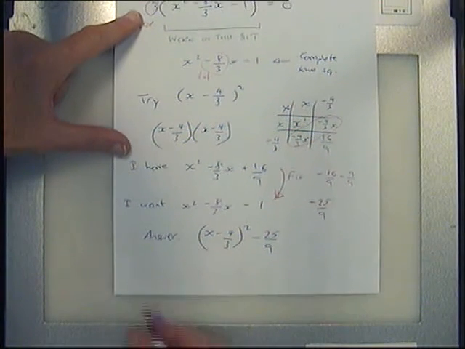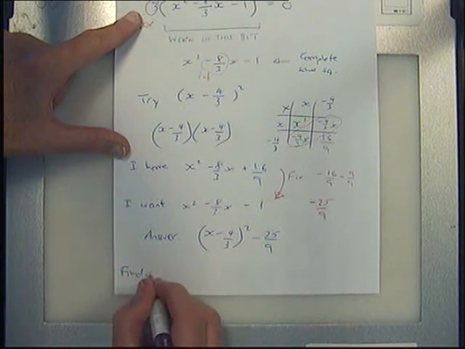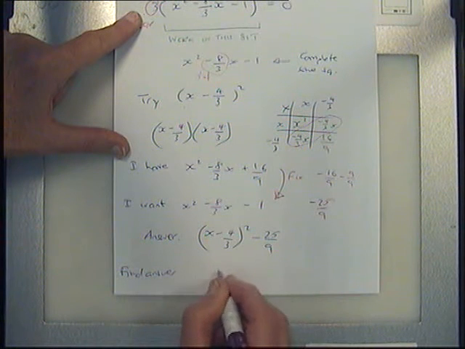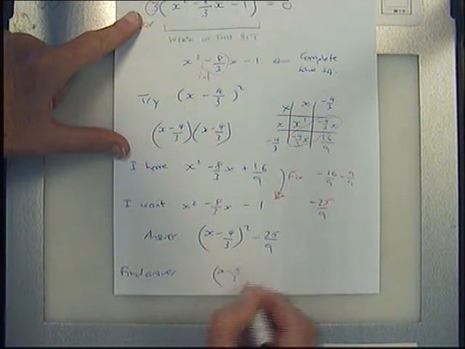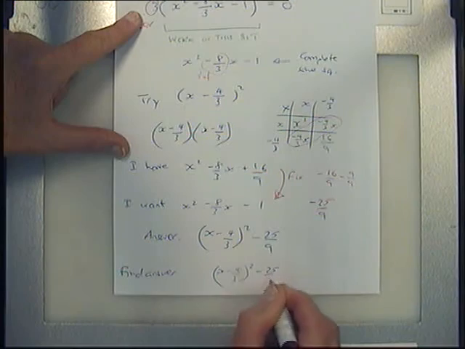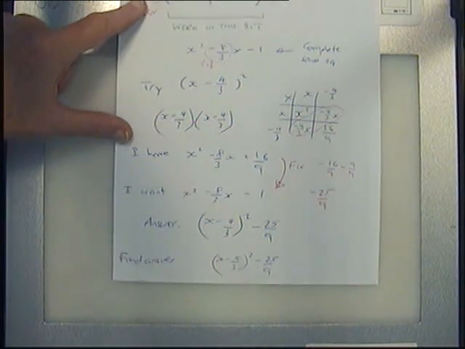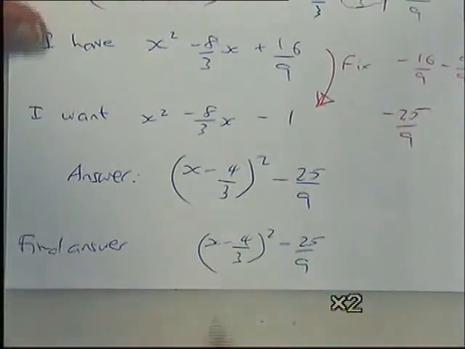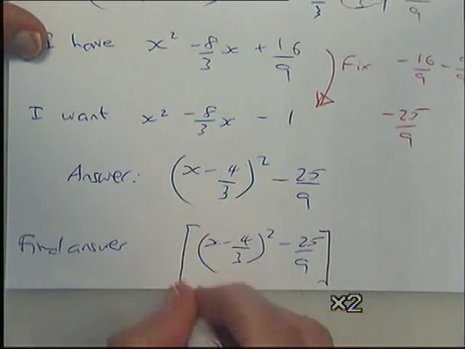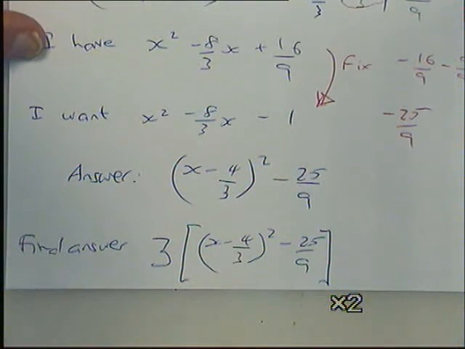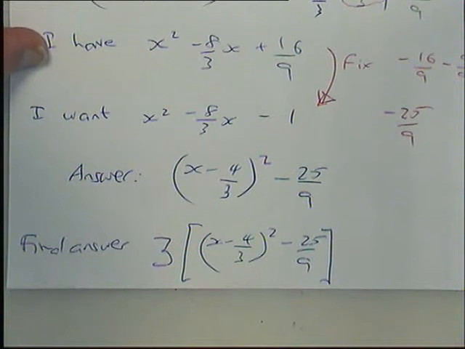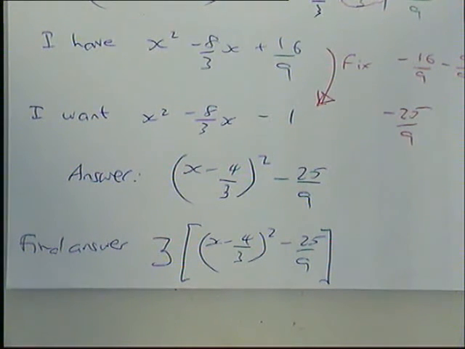To get my final answer, I need to reintroduce that. And what I have just written down needs to be multiplied by that 3. It doesn't have to be square brackets, it's just that different to the other ones makes it stand out a bit. Okay.